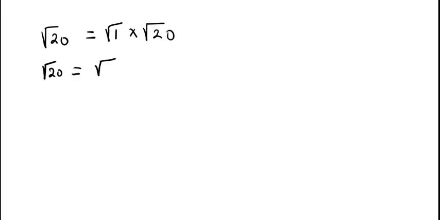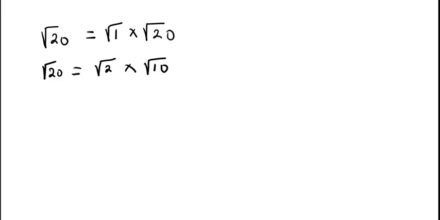All right, so let's take square root of 20. Now, based on the multiplication rule, we can split square root of 20 as square root of 1 multiplied by square root of 20. This can also be equal to square root of 2 multiplied by square root of 10.